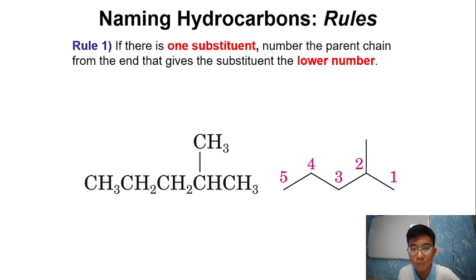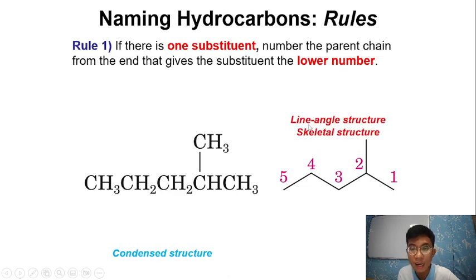So, for example, this one. So, this one is a structure. By the way, this one is for your condensed structure. So, discuss ko naman last time, di ba? So, when we say condensed, yung mga parts. And then this one ay yung tinatawag na line angle structure or skeletal structure.